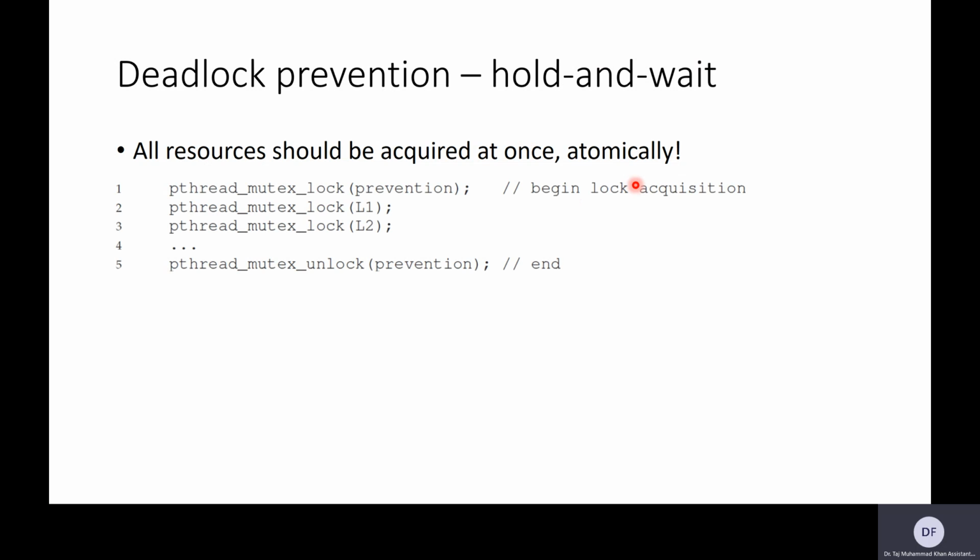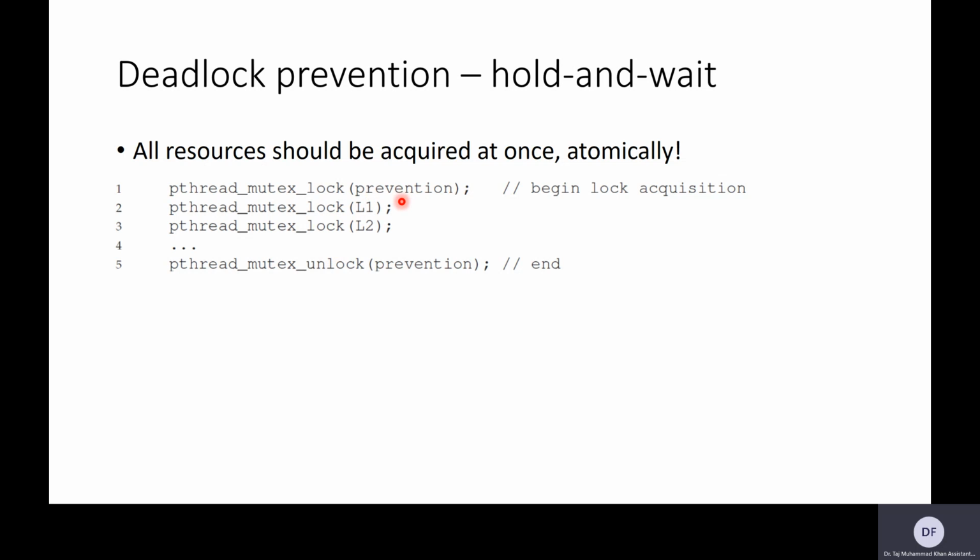Atomically means if we have to acquire L1 and L2, then this acquisition of locks should be protected by another lock. Any thread which wants to acquire these locks must first acquire this prevention lock before it can go ahead and acquire these other locks.